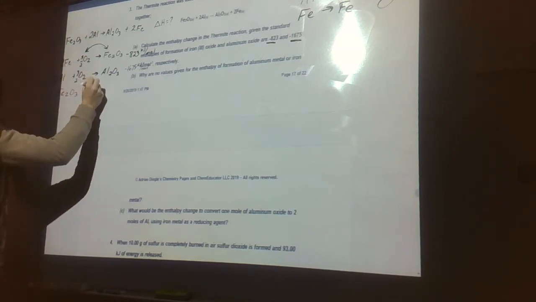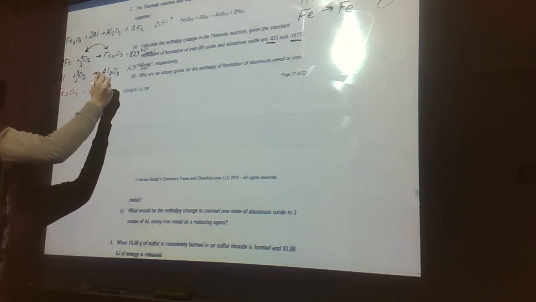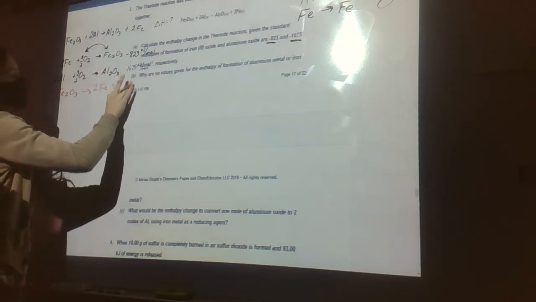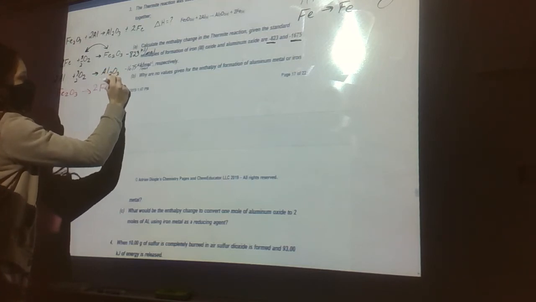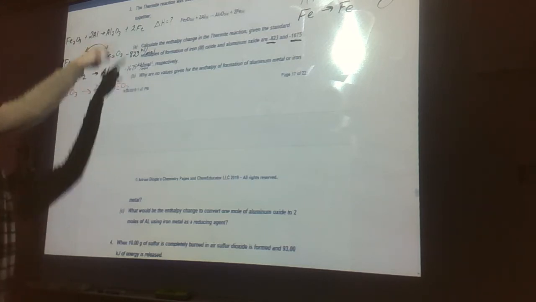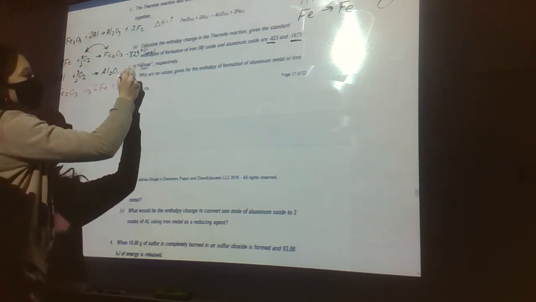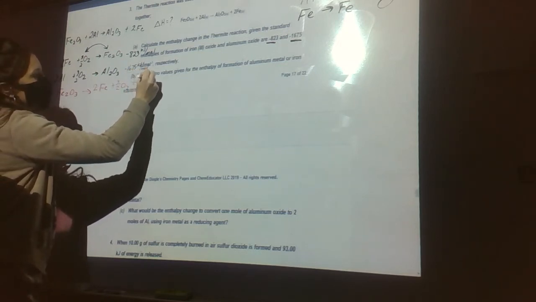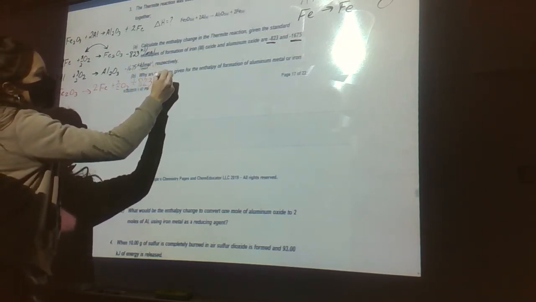If I flip it, I wind up with iron 3 oxide goes to 2 irons and 3 halves of an oxygen. And if I flip the reaction, I flip the sign. Positive 823 kilojoules per mole.